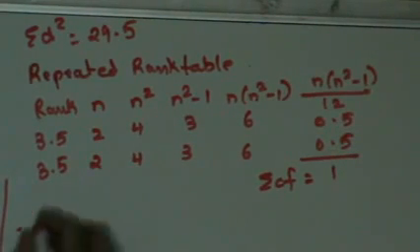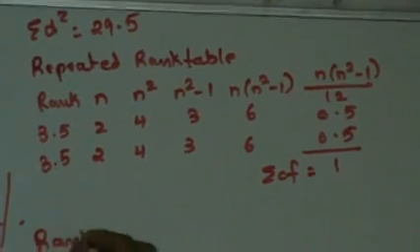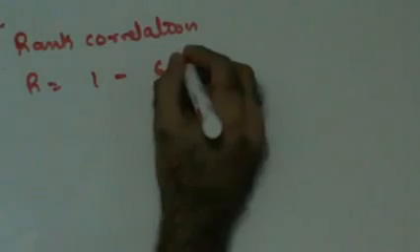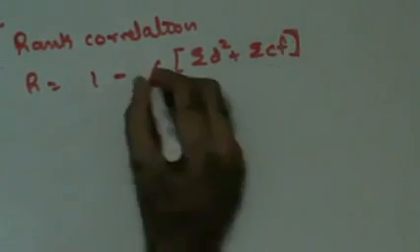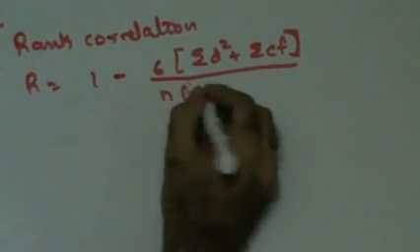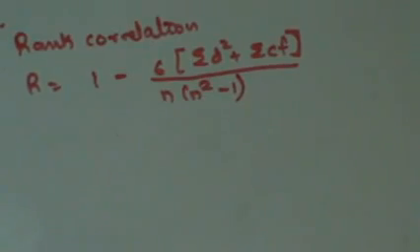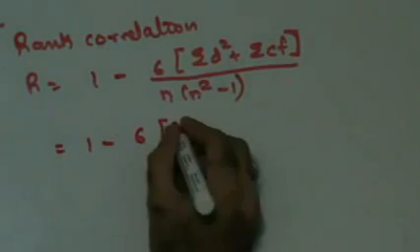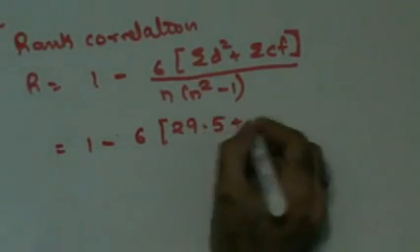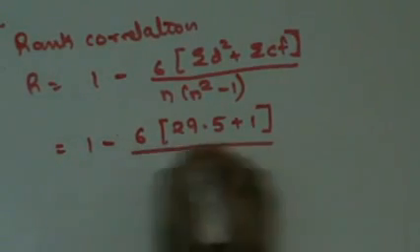Whenever you have repeated ranks, the rank correlation is given by the formula R equals 1 minus 6 times sigma d square plus sigma correction factor upon n into n square minus 1. So in this case, it will be 1 minus 6 times sigma d square, 29.5, plus 1, upon n into n square minus 1.